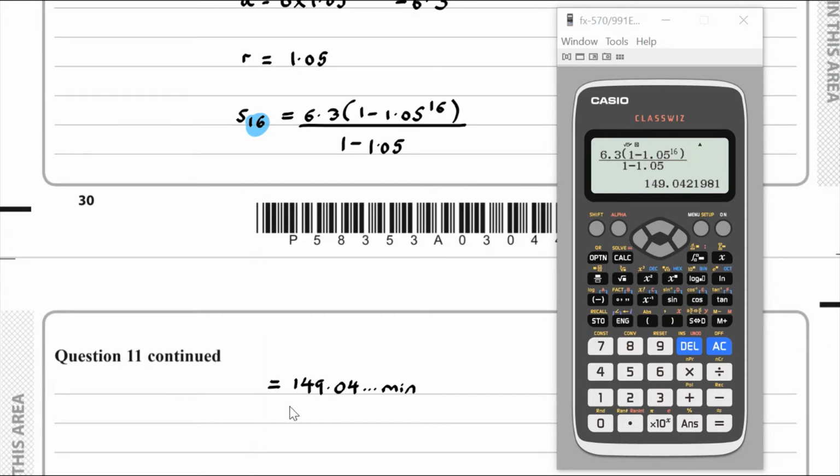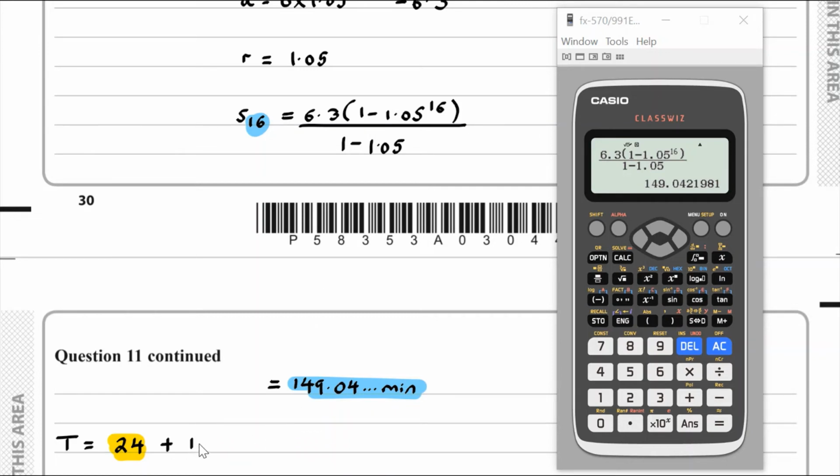And therefore the total time t will equal the 24 minutes plus the rest of the 16 terms.